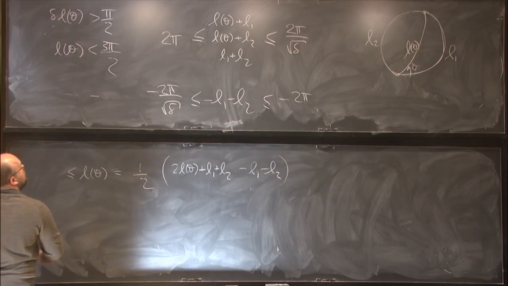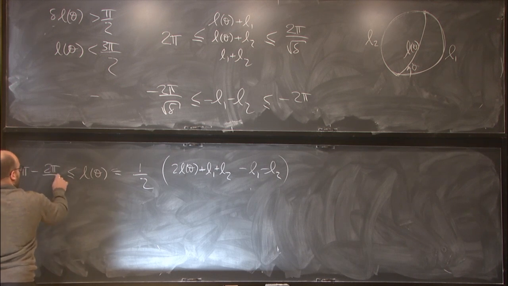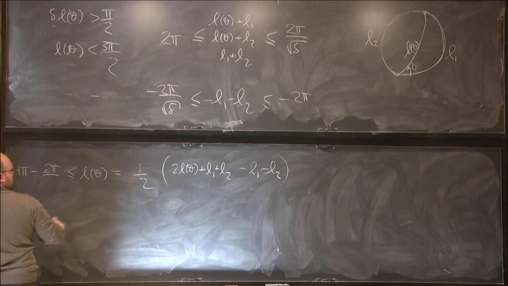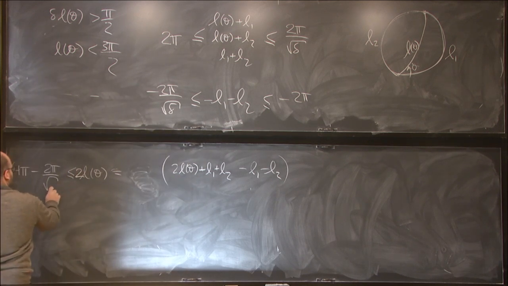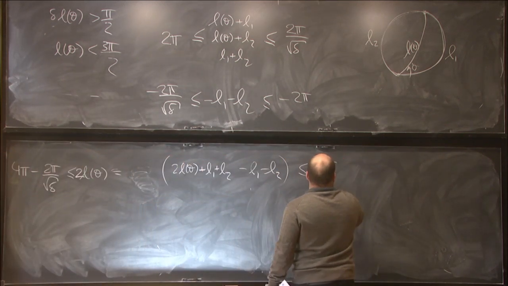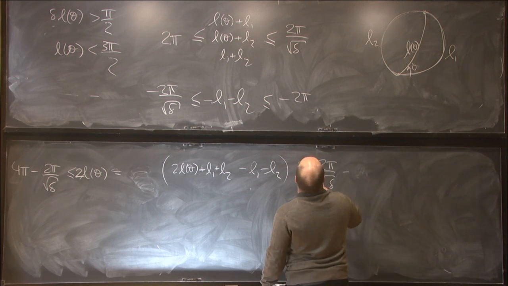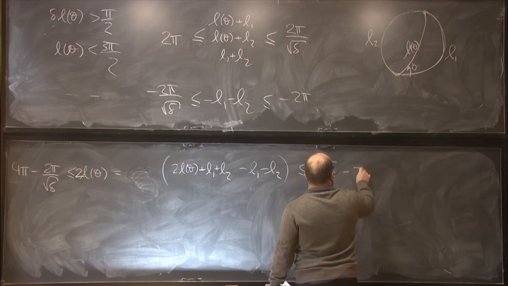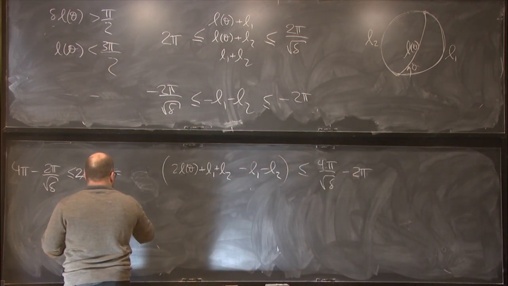So you're going to get 4 pi minus 2 pi. Actually, I have to not divide by 2. Square root of delta. From here you get 2 pi square root of delta minus, 4 pi square root of delta minus 2 pi. And finally you get this.